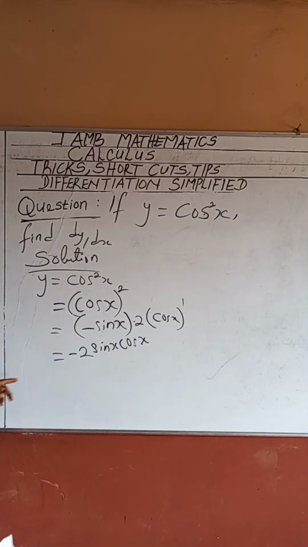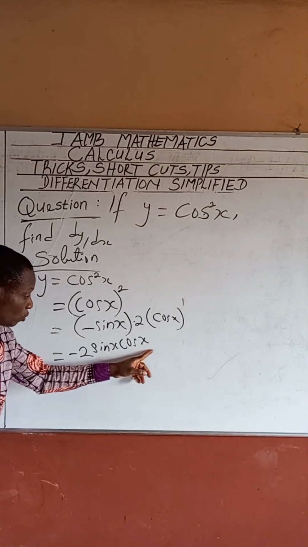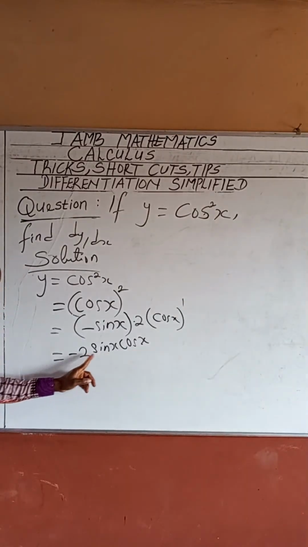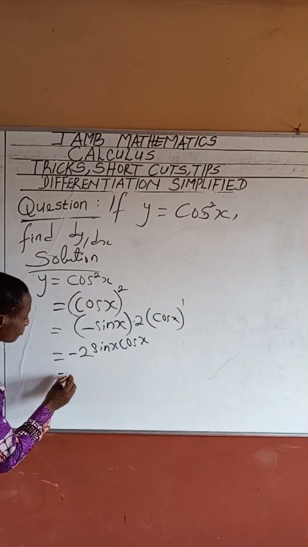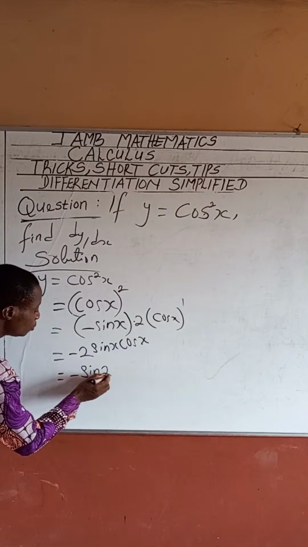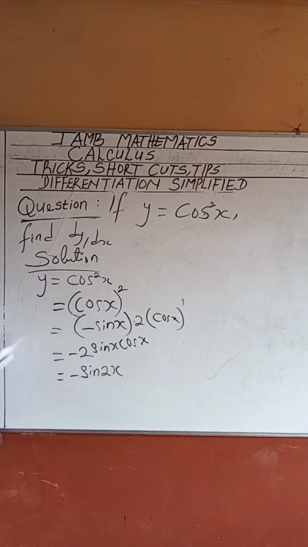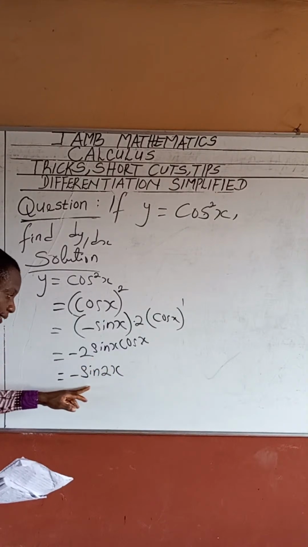Yes, that's what it is, negative. But can we combine them together? If you combine this together, it's 2 sine x cos x. This is the same thing as minus sine 2x. I know most JAMB will not leave it like this, so they will bring it like this.